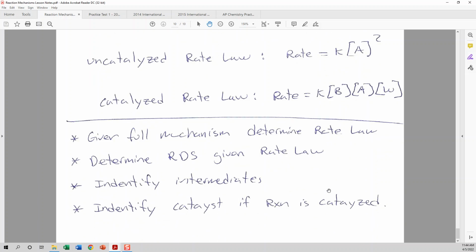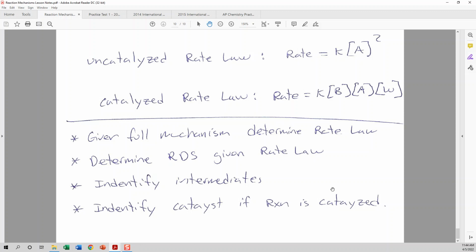So what we want to understand after this lesson is, if we're given a full mechanism, determine the rate equation. If you're given the rate law instead, and not the full mechanism, be able to determine the rate determining step, identify intermediates, and identify a catalyst if there is a catalyst in the reaction. Remember, if you have a multi-step mechanism, you're going to have intermediates, but you're not necessarily going to have a catalyst.